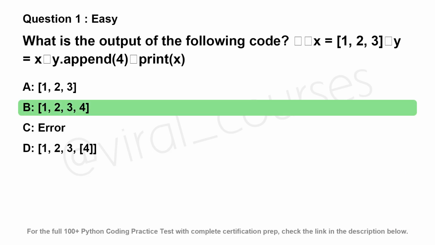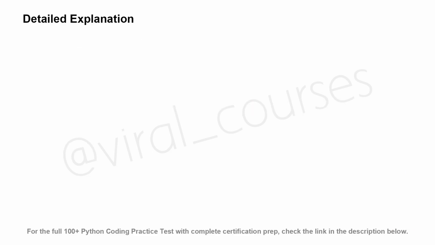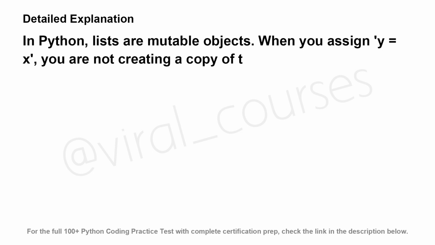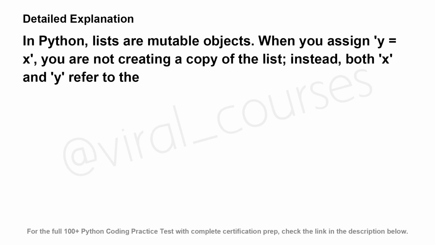The correct answer is B. In Python, lists are mutable objects. When you assign y = x, you are not creating a copy of the list. Instead, both x and y refer to the same object in memory.